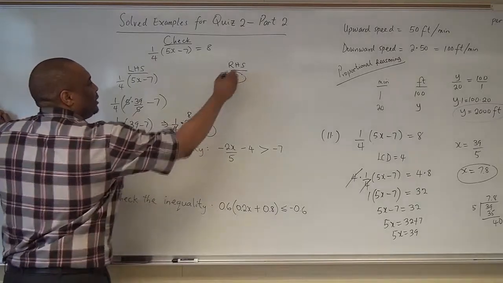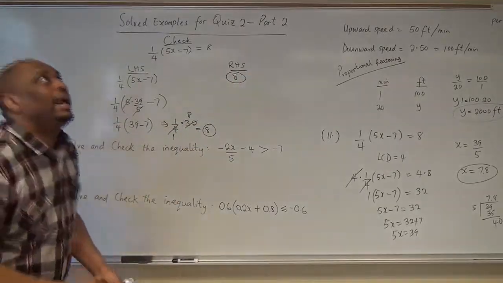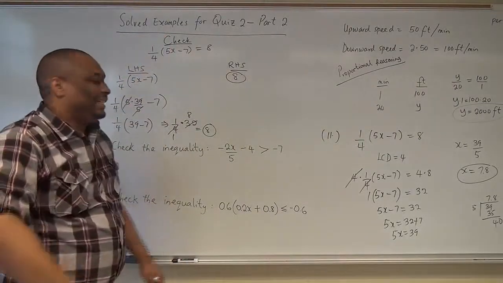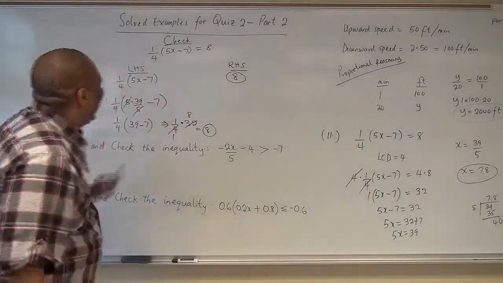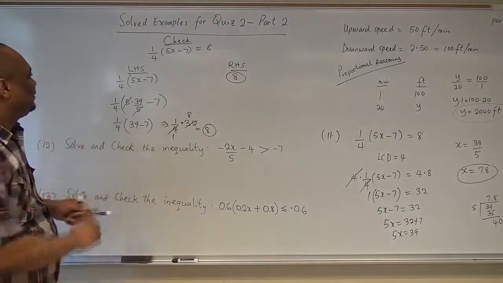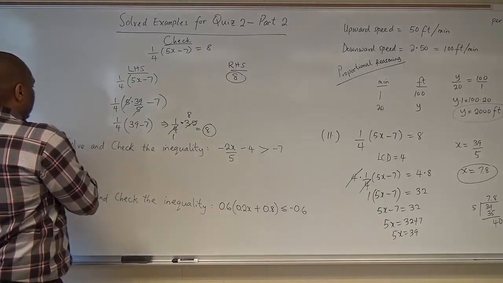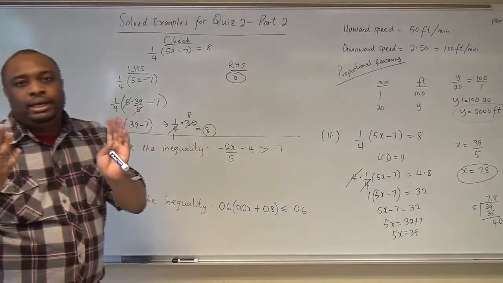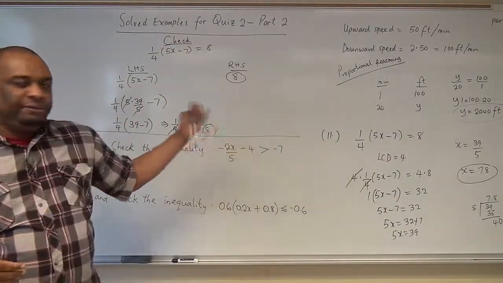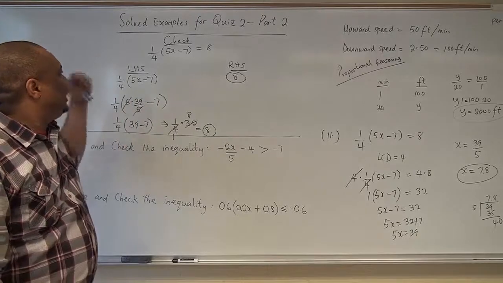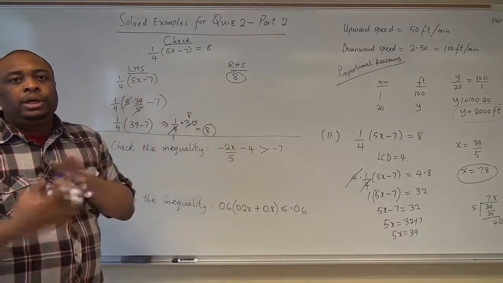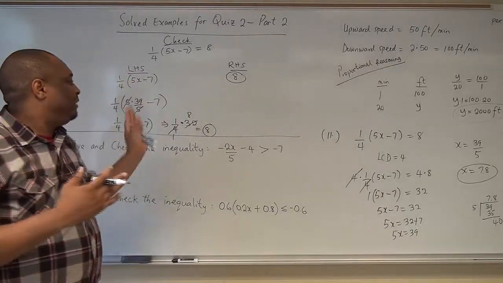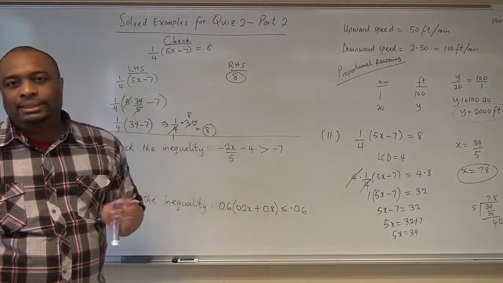So 8 on your left, 8 on your right. You can now jump up and touch the ceiling. So that means we are correct. Checking just means substituting the value of the variable into the original equation to see whether your left hand side is equal to your right hand side.